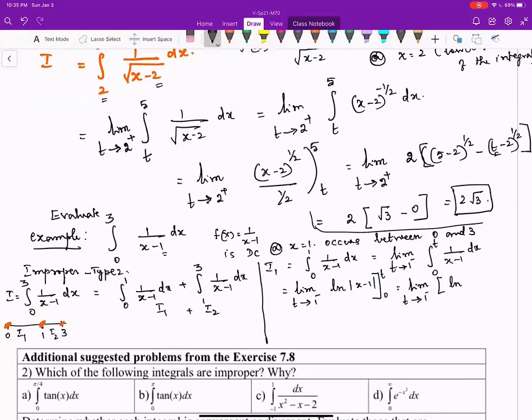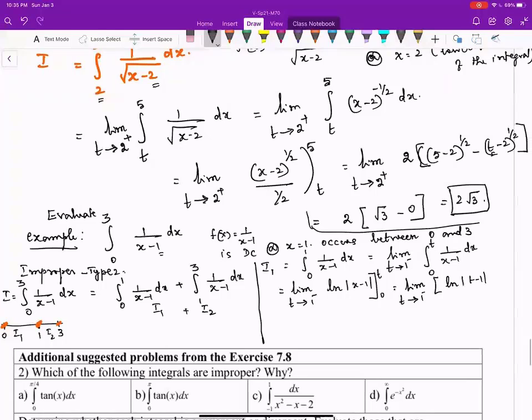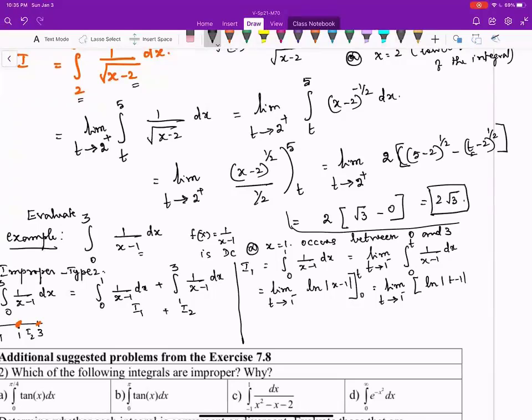You plug in the upper limit and the lower limit. It's ln of absolute t minus 1, minus ln of absolute 0 minus 1, so it will be ln of 1, which is 0.